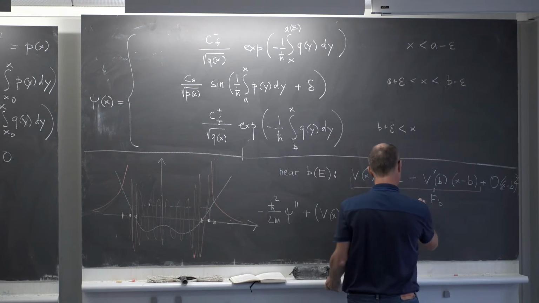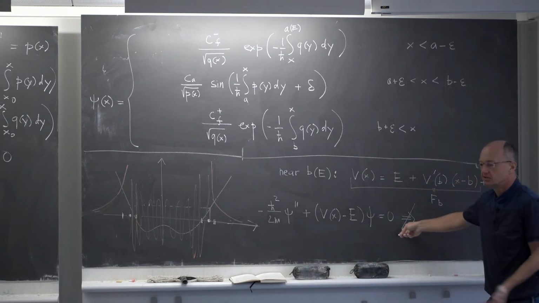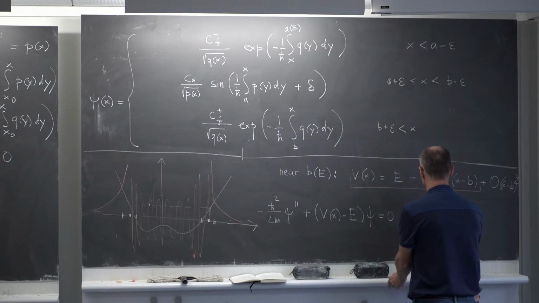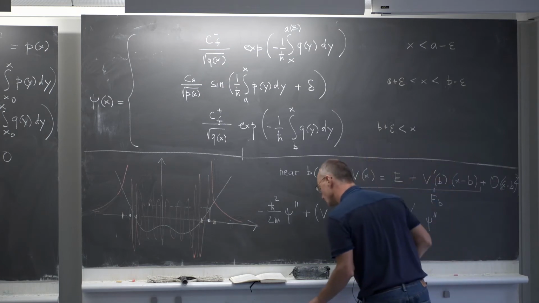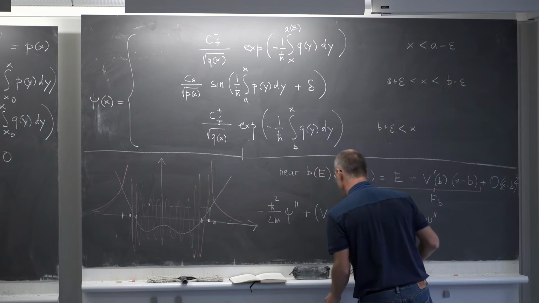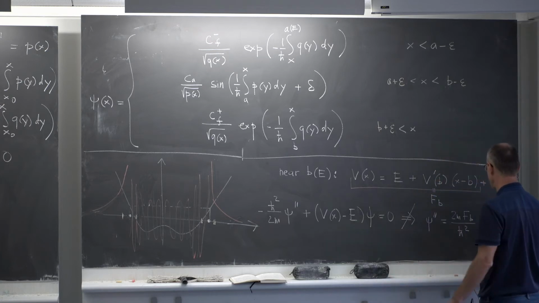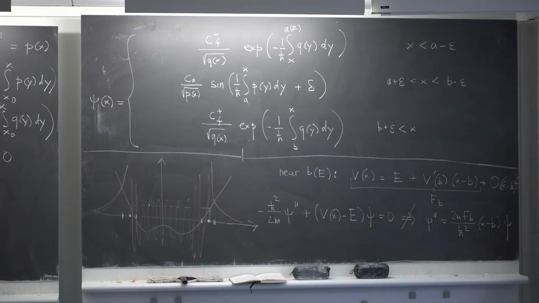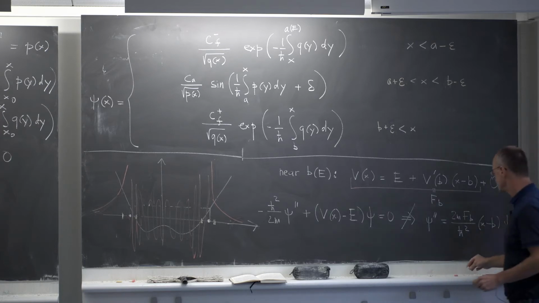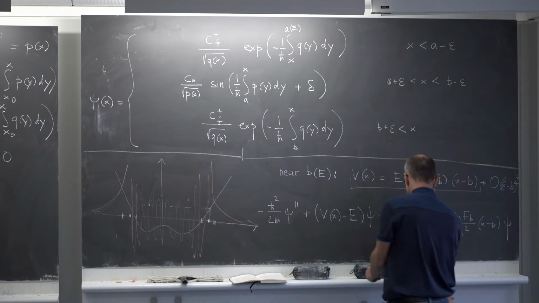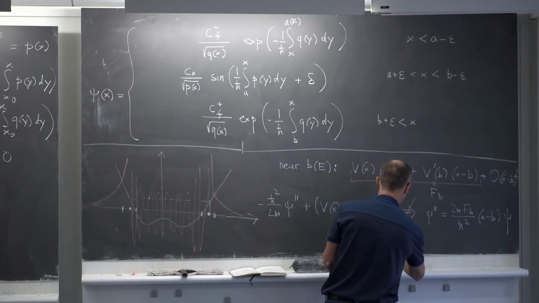So it does not quite imply, but we are looking at the equation now, psi double prime, and what will happen here? We'll have 2 F_B over h bar squared times x minus b times psi. Well, we kind of know that equation, right?